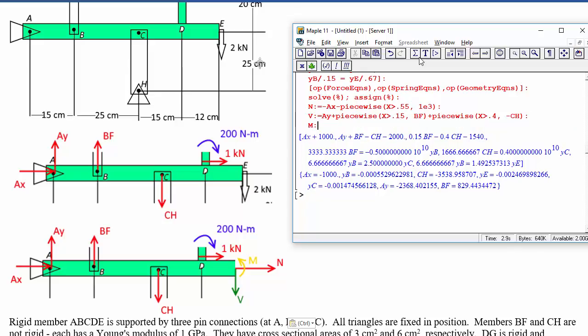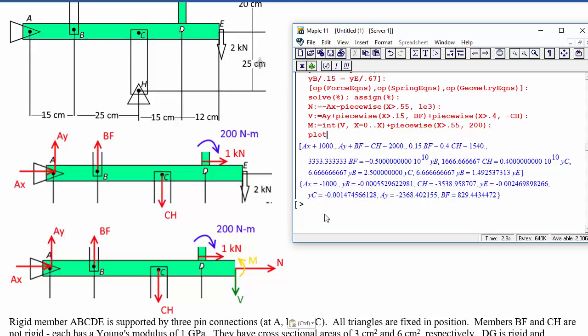And the bending moment, we can say that the moment is equal to the integral of V from X equals 0 to X, and then add in the piecewise moment, X is greater than 0.55, that's applied at point D. And check that that is going to be increasing the amount of bending moment we have applied at the end.